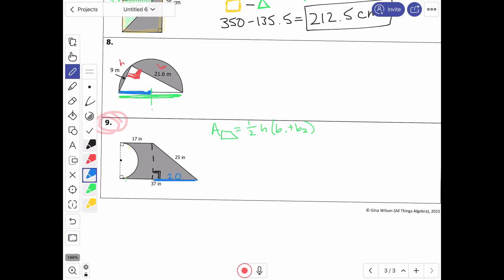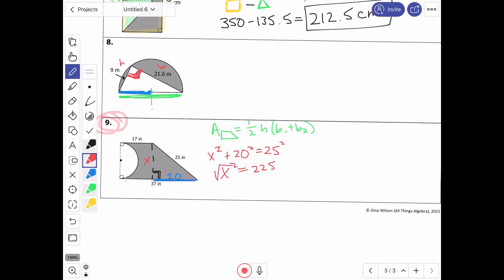So that part's 20. And then I'm going to figure out what the height is, this x, by using the Pythagorean theorem. So I'm going to have x squared plus 20 squared equals 25 squared. I'm going to subtract 20 squared from 25 squared to get x squared is 225.